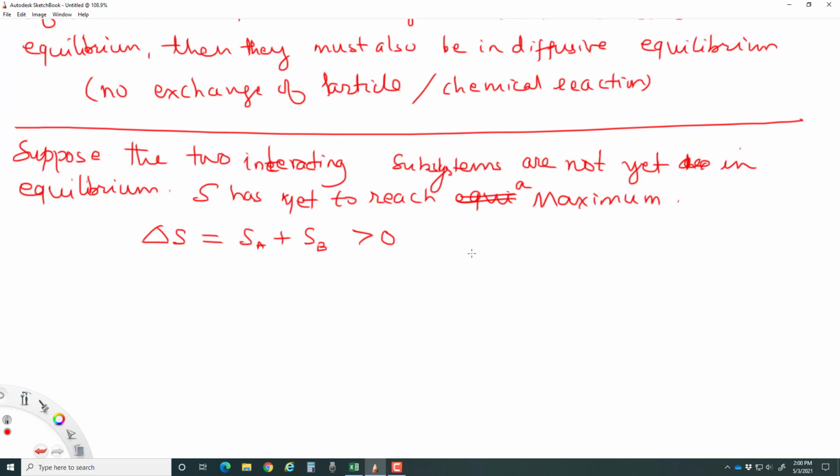So let's consider a state that is very, very close to reaching the equilibrium.